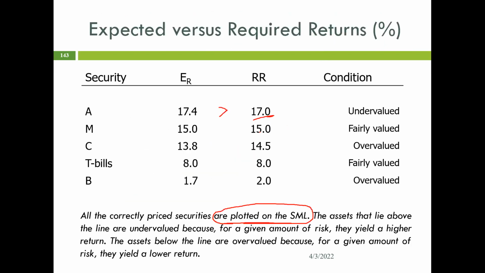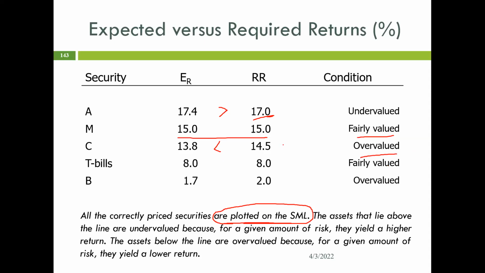Now if you look at the next one, this is the market now. This is okay, fairly priced. But see, expected return 13.8%, required rate of return 14.5%. So the required rate of return is greater than the expected return. So here, this is overvalued.